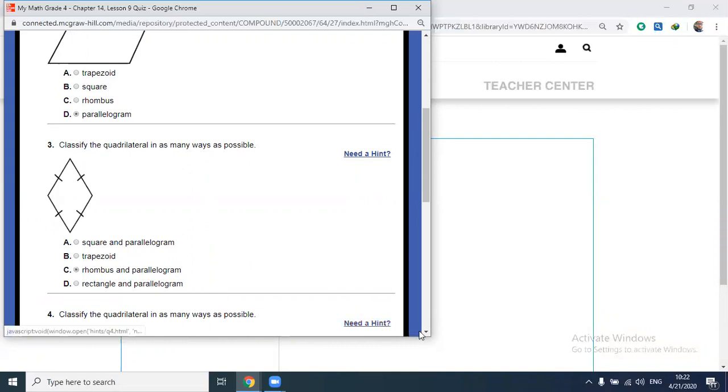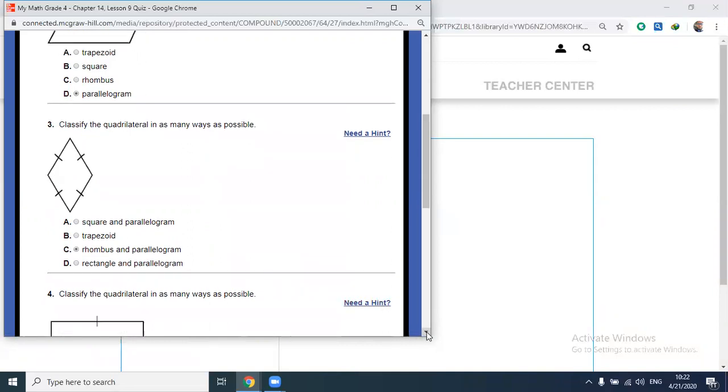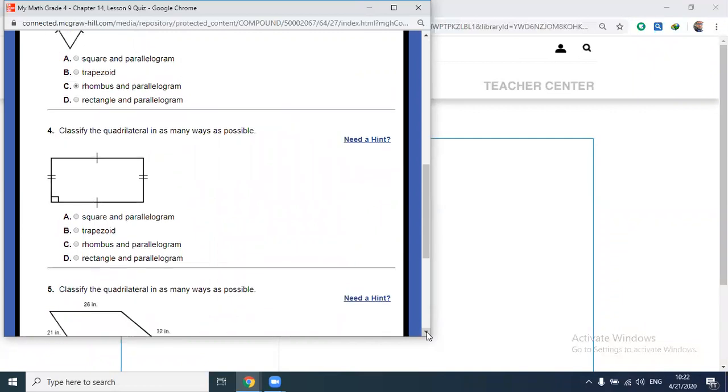Number 4, classify the quadrilateral in as many ways as possible. Here I have each of the sides parallel and equal with 4 right angles. This would be rectangle and parallelogram, because any rectangle is a parallelogram and any rhombus also is a parallelogram.